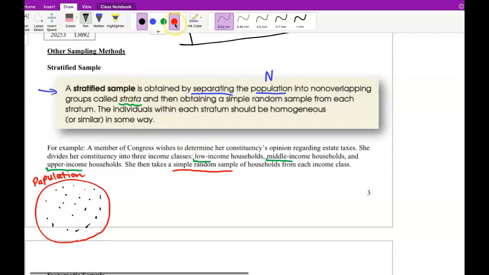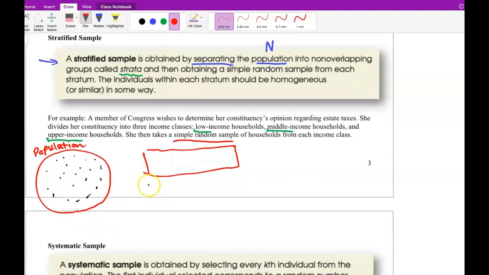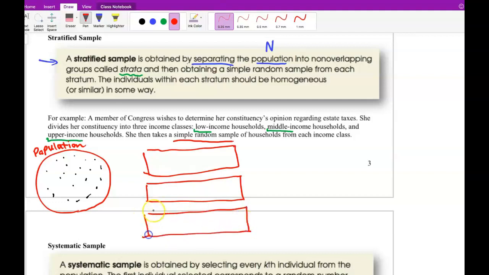Okay. This part we have 3 groups. The first one was low income households, so this is low income. Next one, middle income.